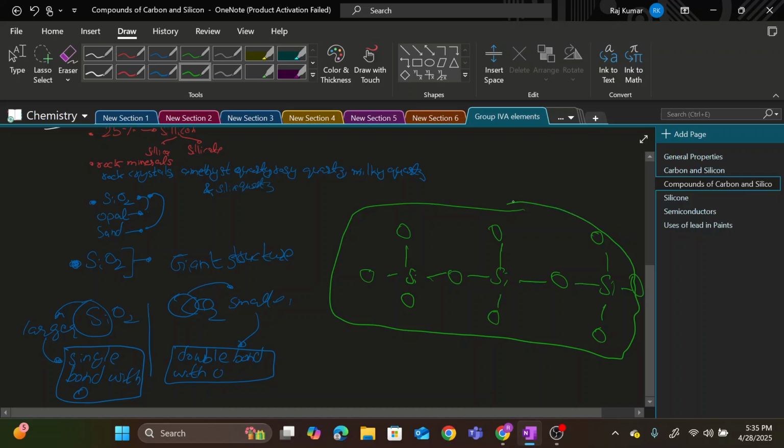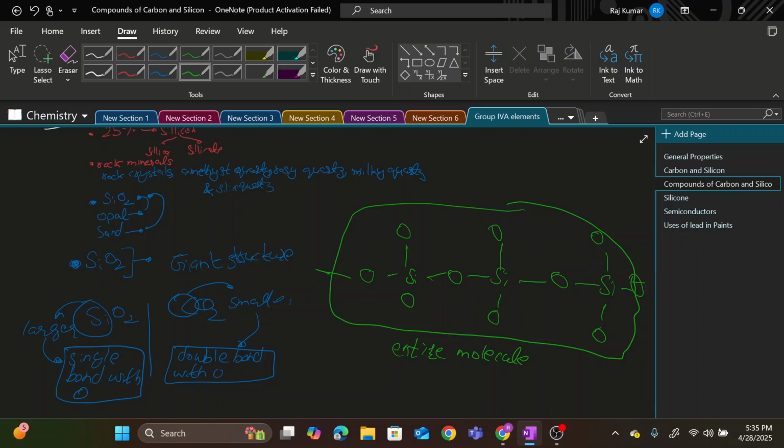So why do we mention it as silicon dioxide, even though there are four oxygen atoms and two silicon atoms? This is an entire molecule of silicon dioxide. But why do we call it SiO2?